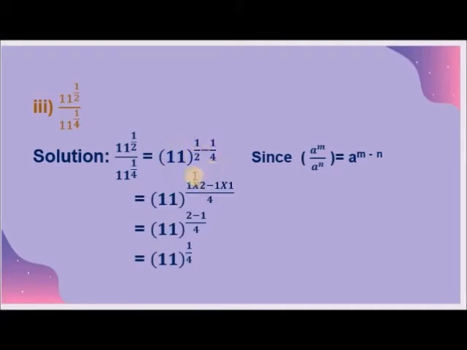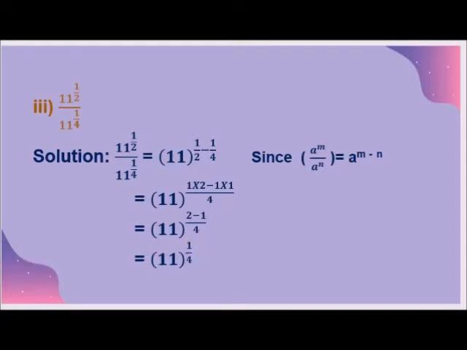Then we will take the LCM. LCM of 2 and 4 is 4. So now this becomes 1 we will write as it is, 2 2s are 4, minus 1 we will write as it is, 4 1s are 4. So on solving we will get 11 raised to the power 2 minus 1 upon 4. And again when we solve this, we will get 11 raised to the power 1 upon 4.